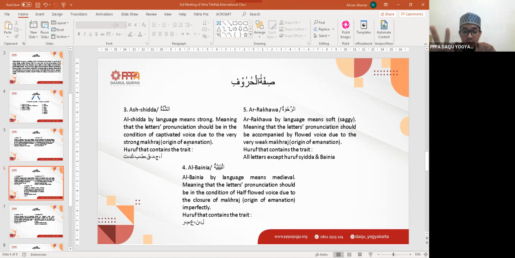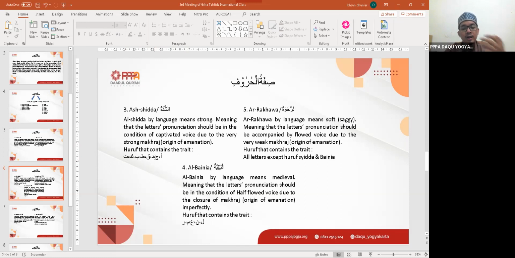While in the previous two sifat, the breath matters. So in shiddah, the letter's pronunciation should be in the condition of captivated voice due to the very strong makhraj, or origin of emanation. And in this sifah, we have eight huruf: hamzah, jim, dal, qaf, ta, ba, kaf, and ta.